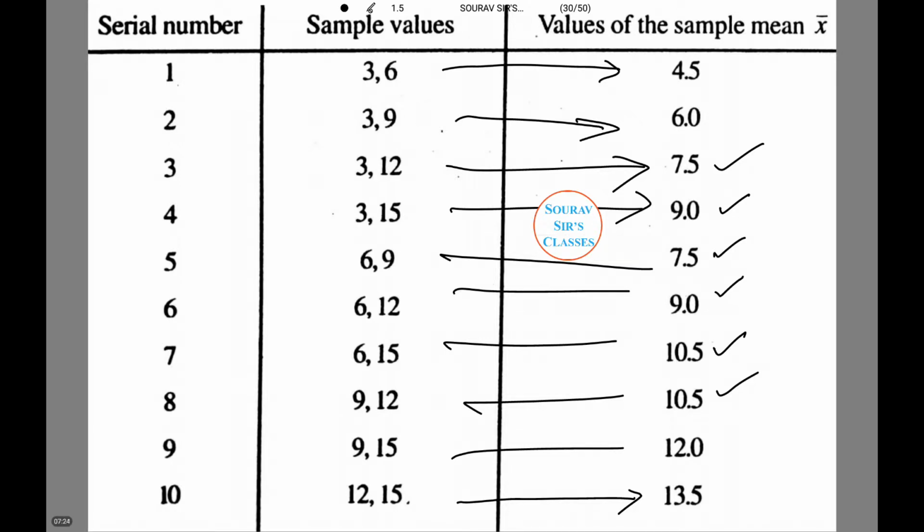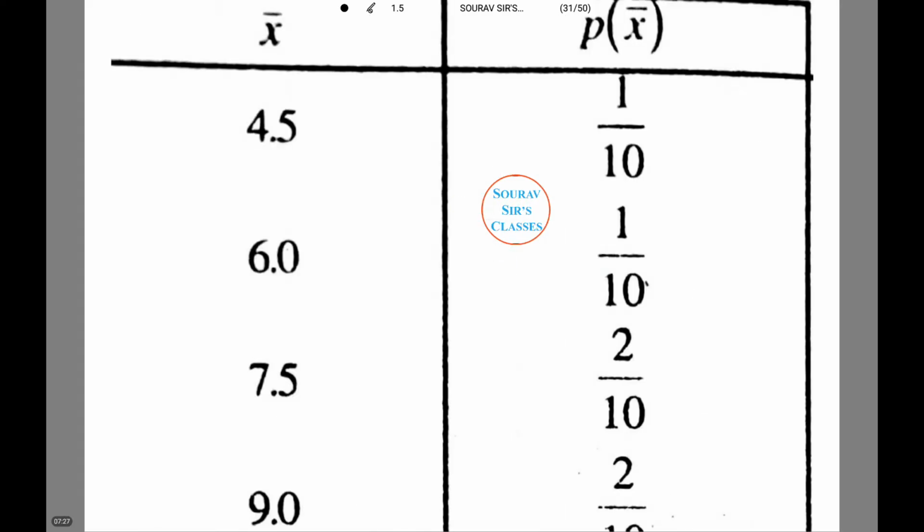Now we list the probability sampling distribution. On the left hand side we have taken x bar, and on the right hand side we have taken the probability of obtaining that mean. For 4.5, we saw that there is only one possibility, that is 1 by 10. Similarly, for 6, 1 by 10.